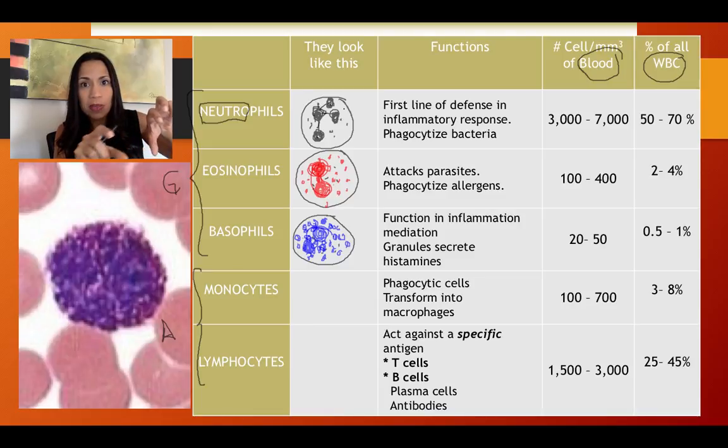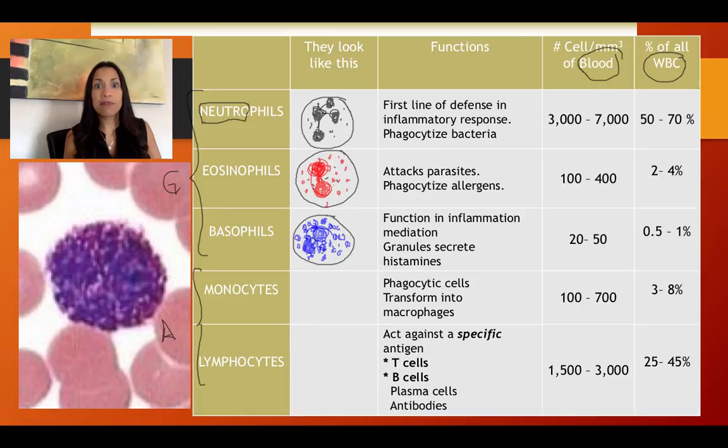So by increasing the blood flow in here, we're making the area red and hot to the touch, and it is swollen, which is another characteristic of inflammation.